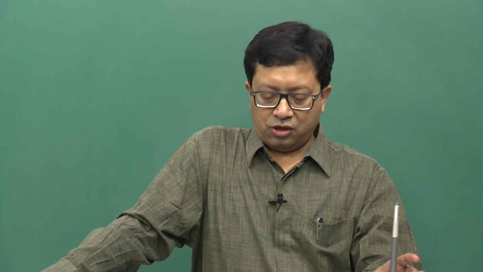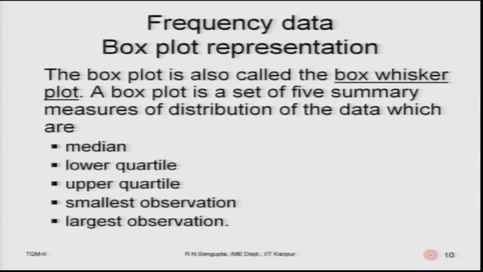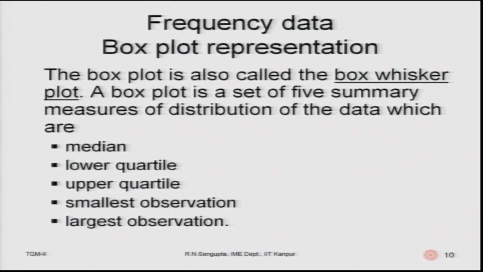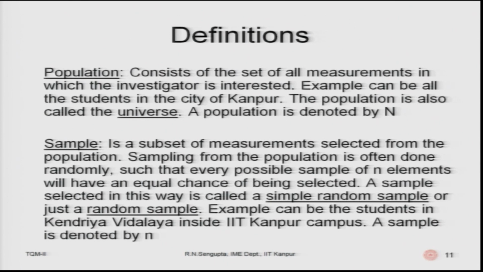A box plot is a set of 5 summary measures. It would be related to the median. Obviously, median and mean would be different, because depending on the distribution they can differ, and they give you 2 different sets of information. It can be the lower quantile, the upper quantile, the smallest observation, the largest observation, or say the 90th position observation or the 10th position observation, whatever it is. Based on that we do the studies.